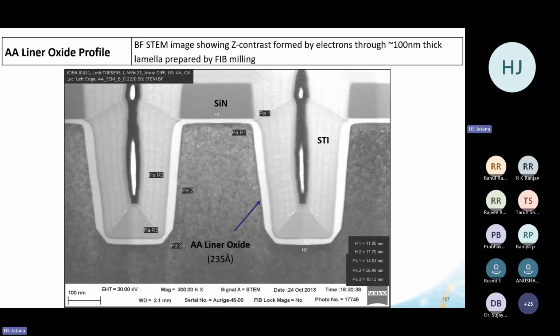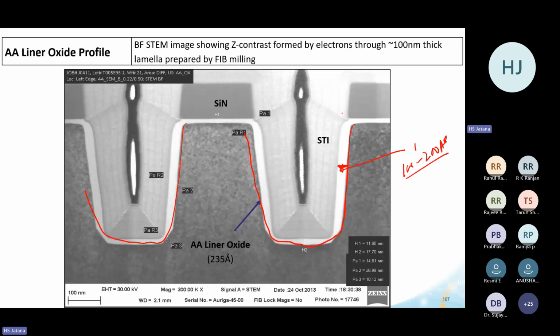So this is how these things are made, and this is an example of a trench which has been very neatly made. As you can see, this is the trench, and this white is a liner oxide, which is a thermally grown oxide, and as I told you, it is something between 100 to 200 angstrom in this dimension.